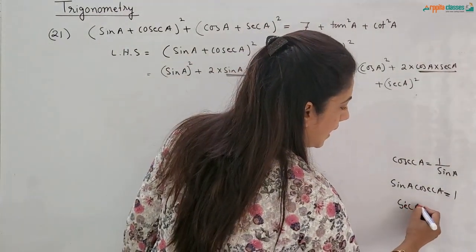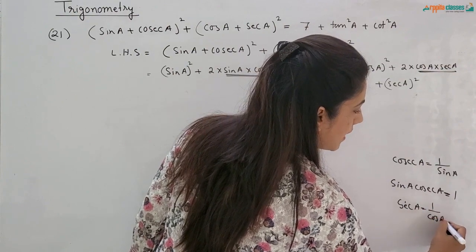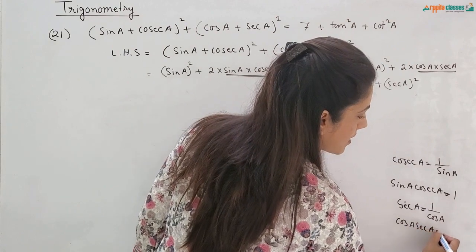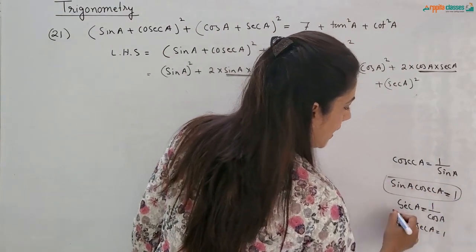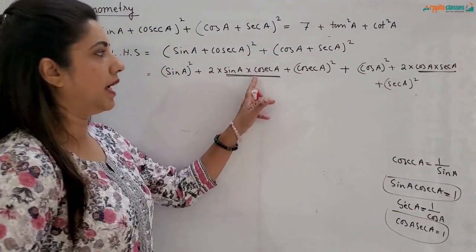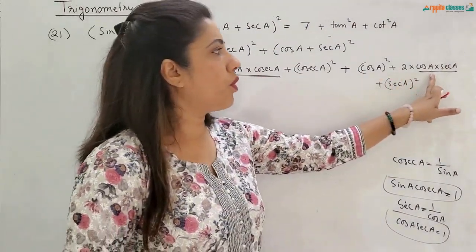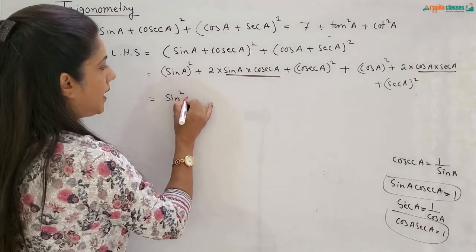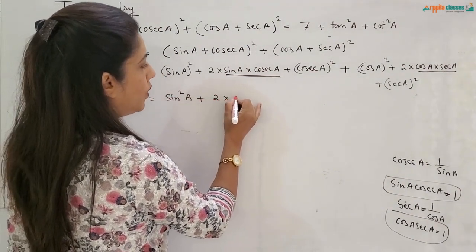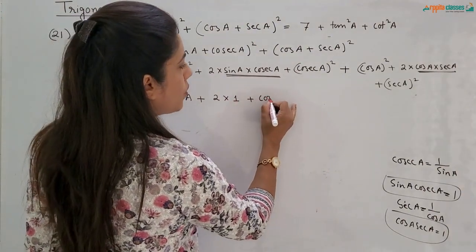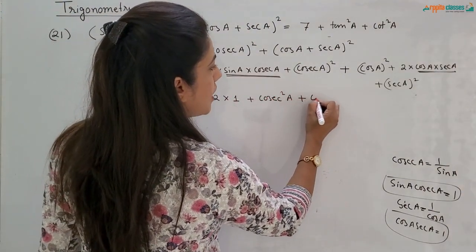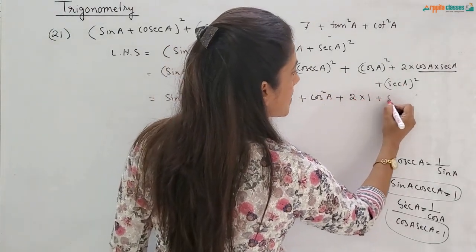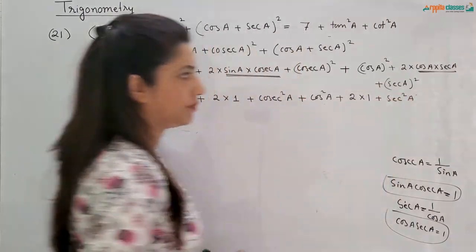So sec A is equal to 1 upon cos A. If I get cos A this side, I get cos A into sec A is equal to 1. So in place of sin A into cosec A, I am going to put 1. In place of cos A into sec A, I am going to put 1. So here it will be sin square A plus 2 into 1 plus cosec square A plus cos square A plus again 2 into 1 plus sec square A.